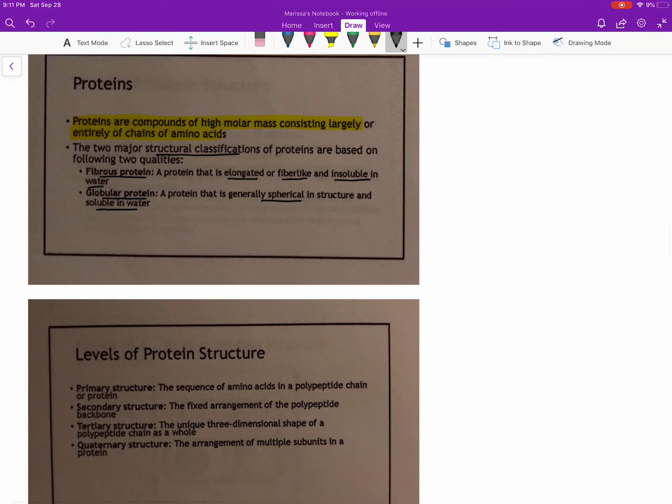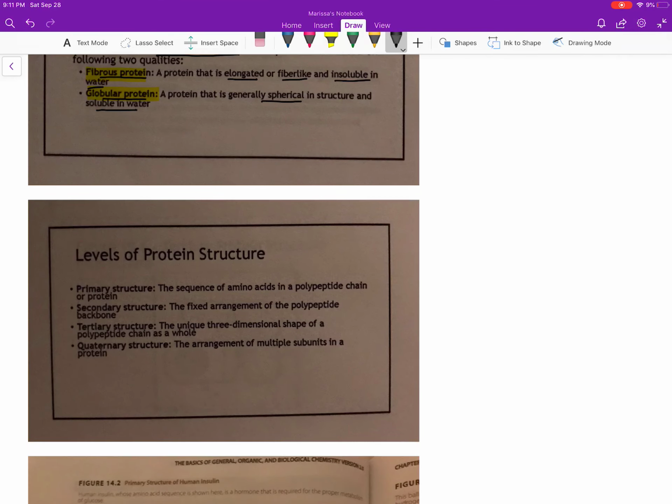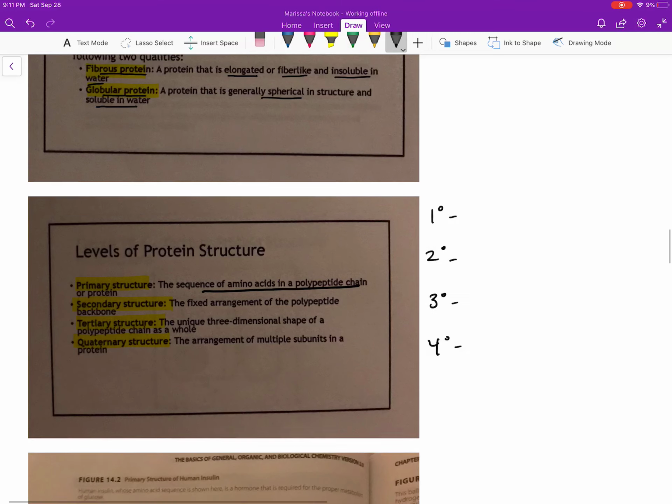There are different levels of protein structure. We're going to define them here, and then I'm going to show you some pictures from your textbook that are in color that will help you hopefully visualize this. So the different structures are primary, secondary, tertiary, and quaternary. So the primary structure is the sequence of amino acids in the polypeptide chain or protein.